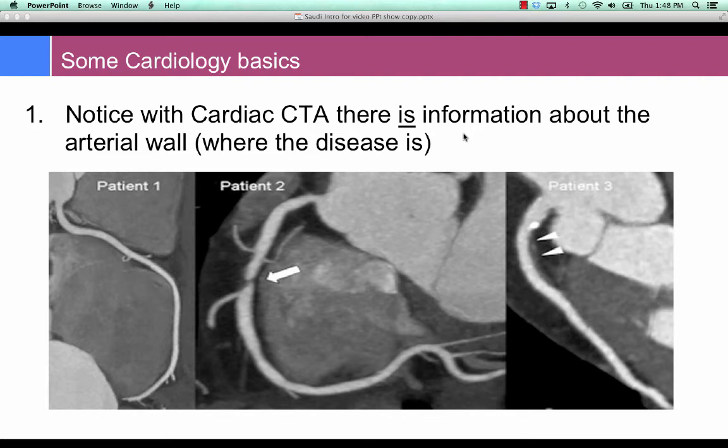But our thinking about how to treat plaques with a high likelihood of becoming unstable in the future is changing.